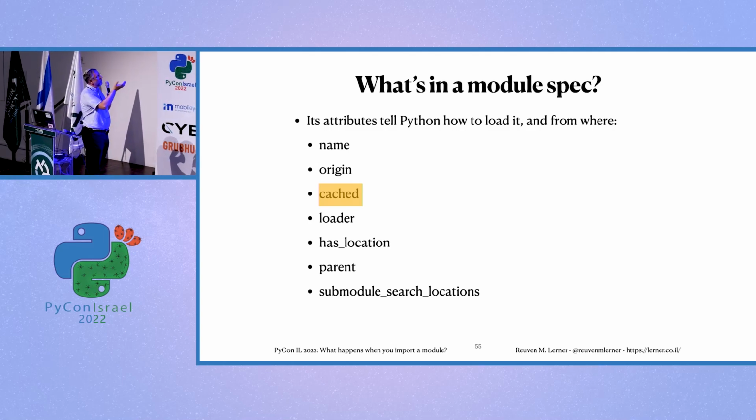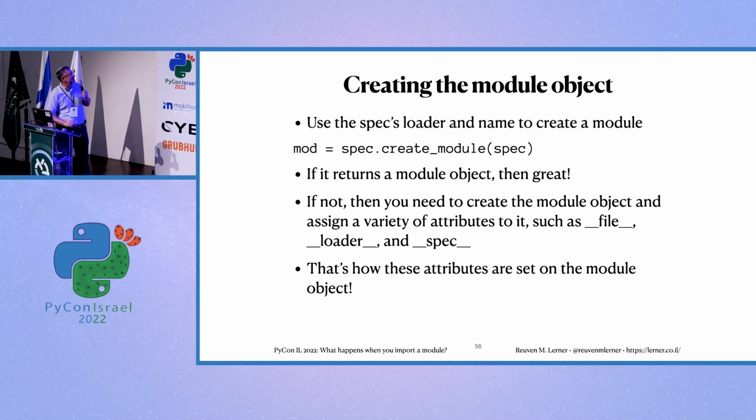Anyway, then we have the loader, we have its location, we have some other information. So at the end of the day, what's going to happen is we're going to go to the spec, this module spec object that we got back from the finder, and we're going to say, hey spec, create a module based on your spec. Now, if this returns a module object, and it should, then great. But if not, then you have to manually go through and assign a whole bunch of attributes.